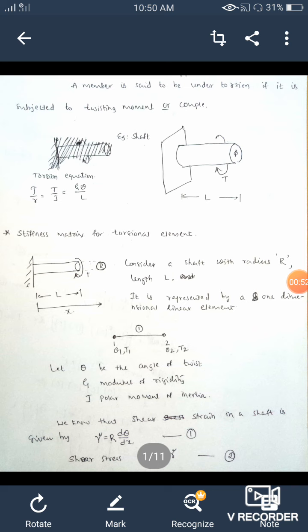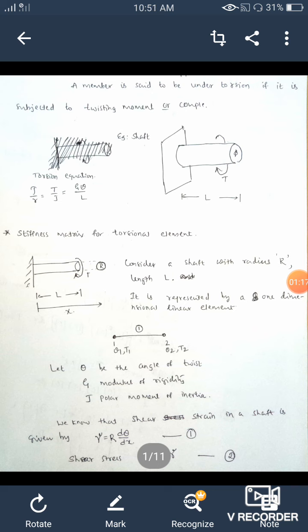In this figure, you see the shaft is subjected to a twisting moment T. The layers of that shaft twist, and the angle is taken as phi.